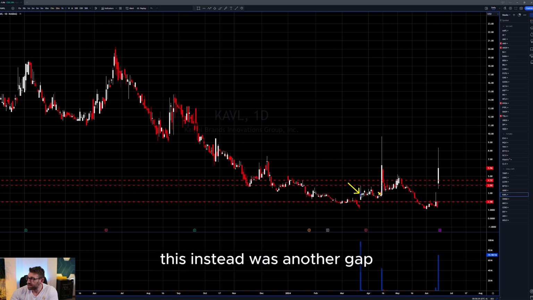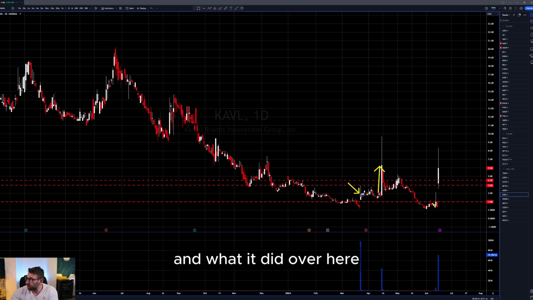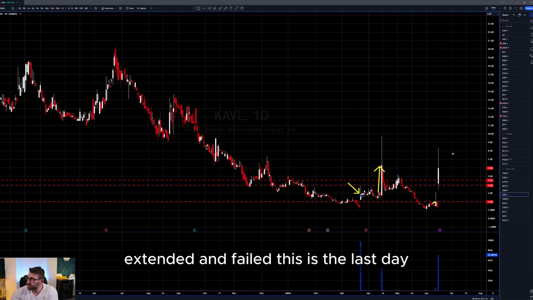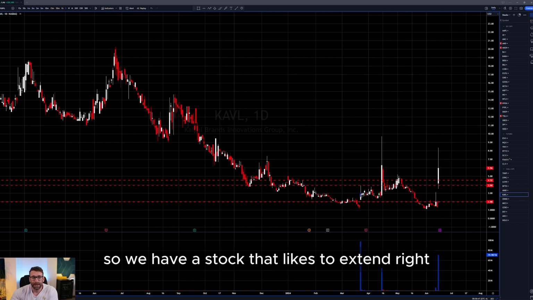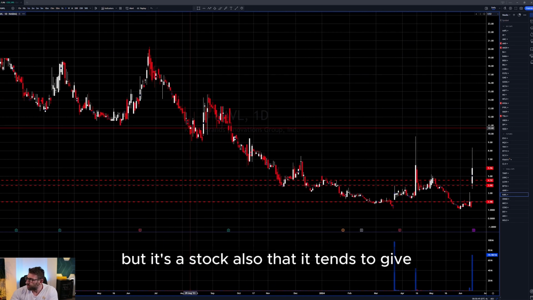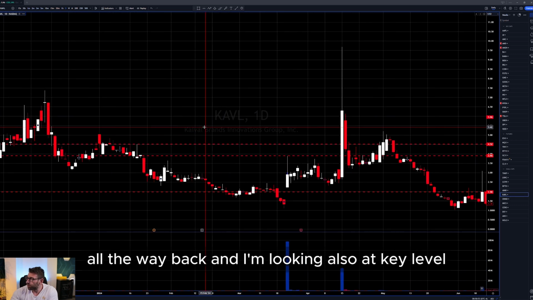This instead was not a gap, but it extended and then failed. This was a gap. Actually, it was not a gap because you can see that we didn't open with a 30% gap. And what it did over here, extended and failed. This is the last day, the day that we're talking about. So we have a stock that likes to extend, right? But it's also a stock that tends to give all the way back.